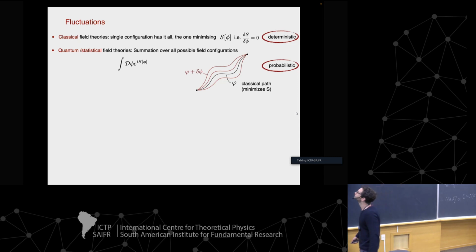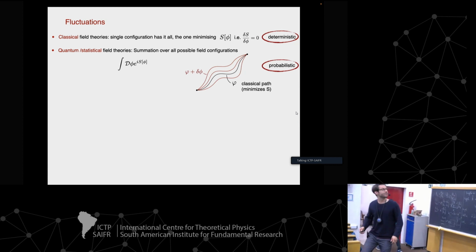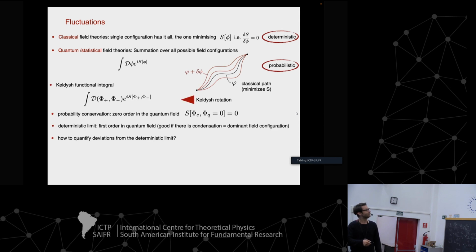Okay. So we are dealing in general with quantum and statistical problems, with probabilistic field theories. Yeah? So many configurations contribute. And yesterday we tried to look in the vicinity of this bare configuration, if you like.